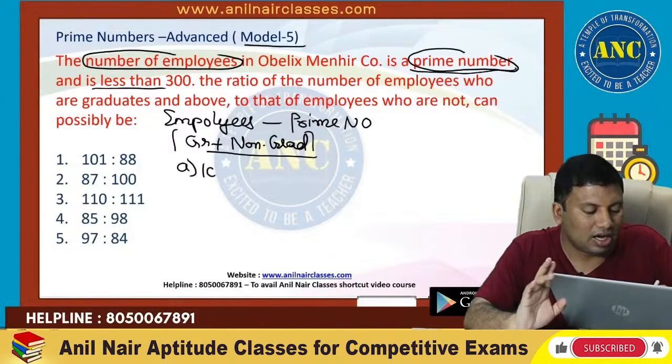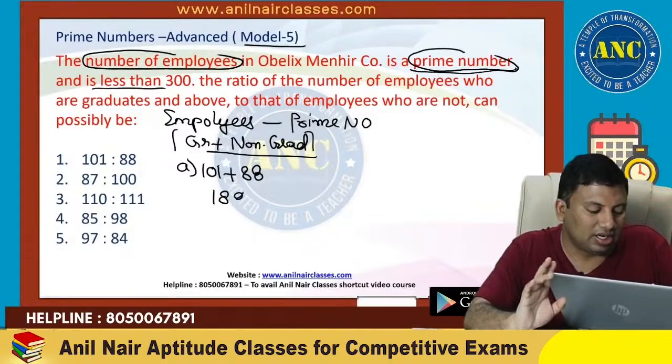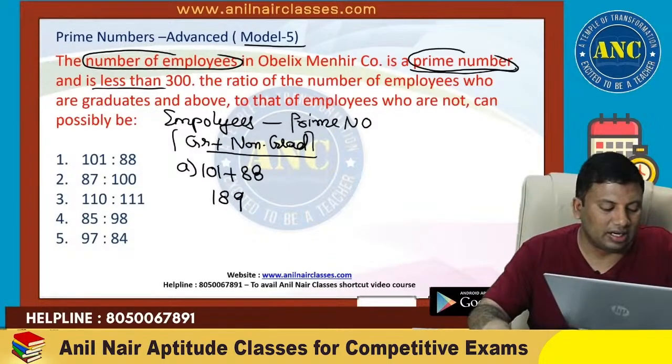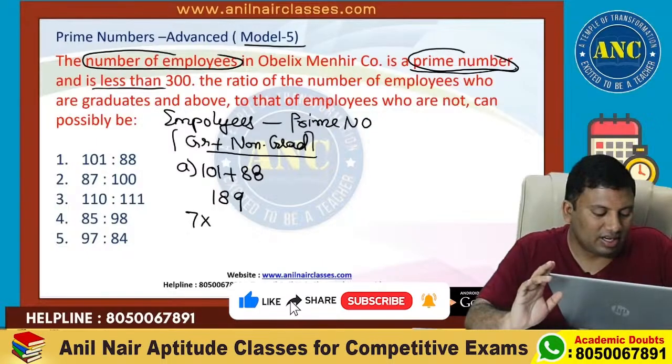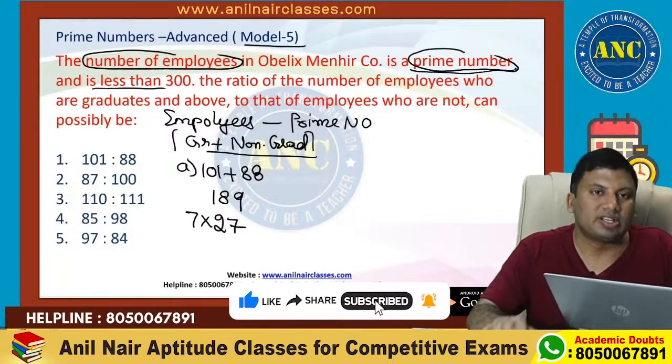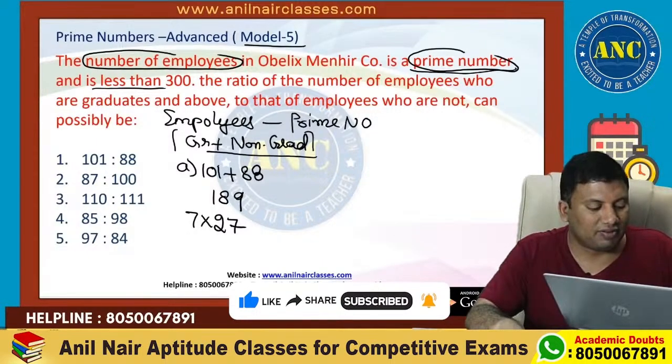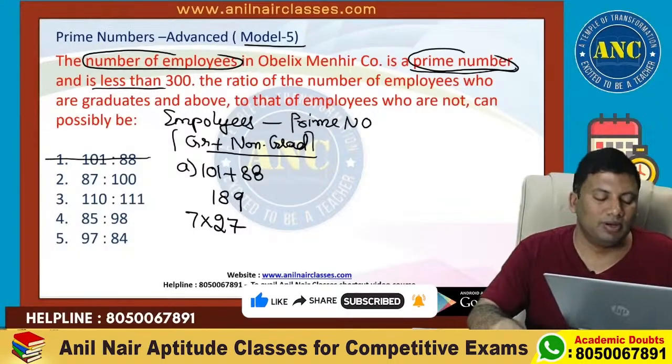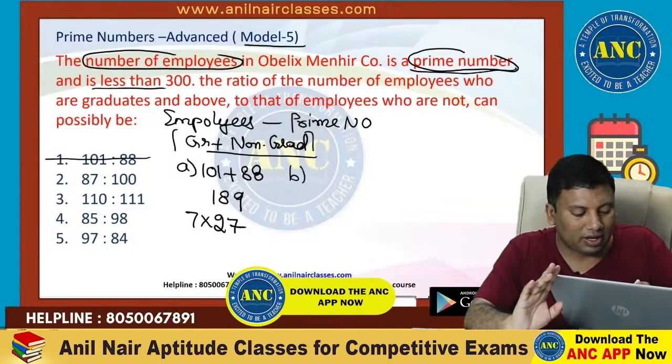First one, 101 plus 88, which is 189. If you observe, 189 is 7 into 27. 7 twos are 14, 7 sevens are 49. The answer is divisible by 7. It cannot be a prime number.